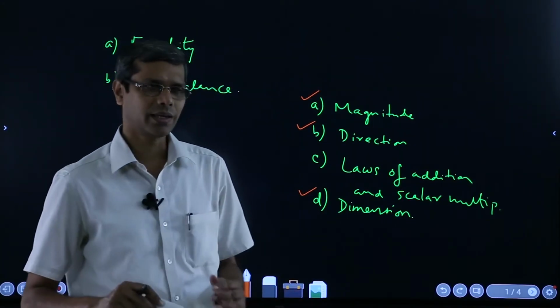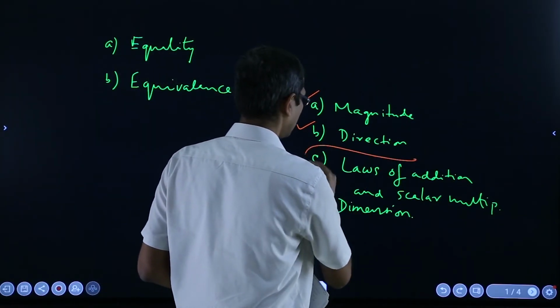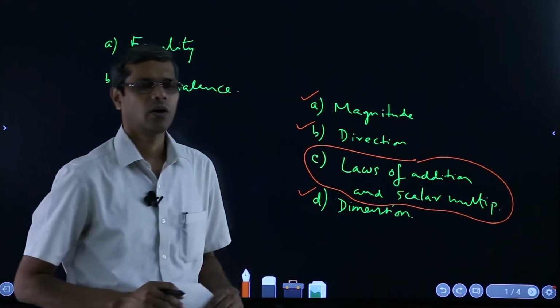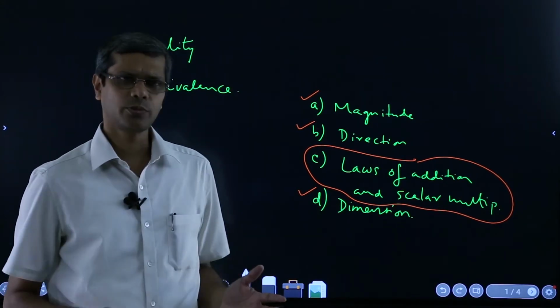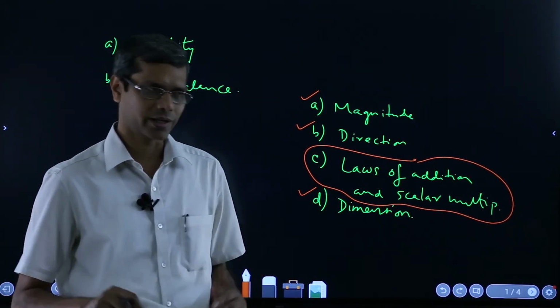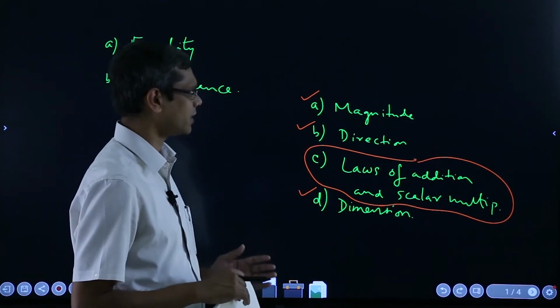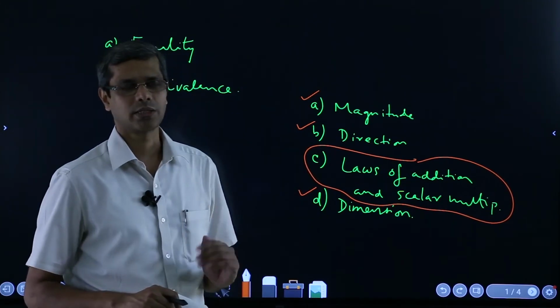Obviously, when you are saying it is a vector, the laws of addition and scalar multiplication will anyway be obeyed, so you do not have to bother about that property. But in comparison, when you compare a vector A with vector B, these three things should match.